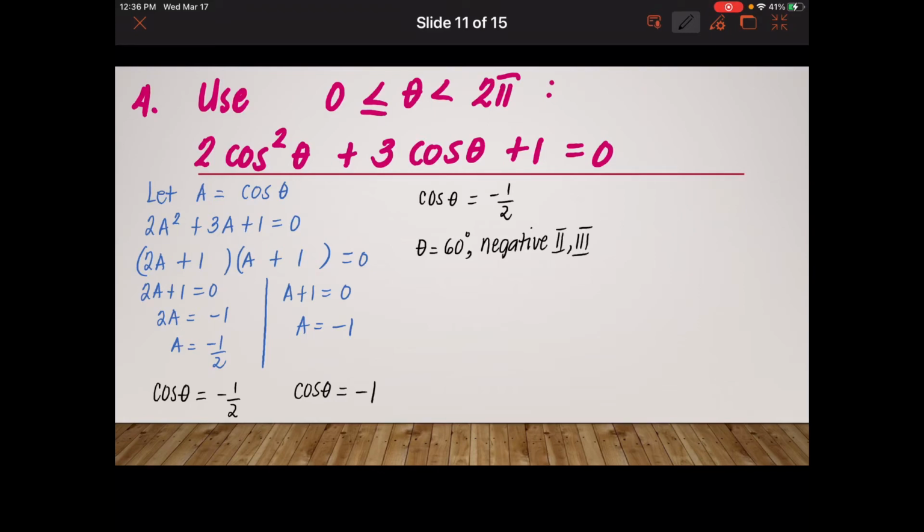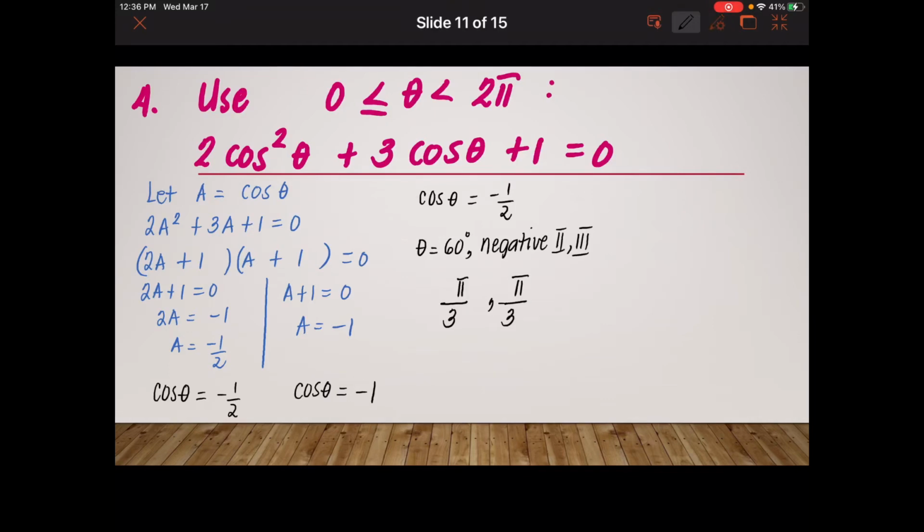Now we have to get our angle in radian form. 60 degrees: we know that our angle in radian form is pi over 3 since its denominator is 3. So 60 degrees in quadrant 2.